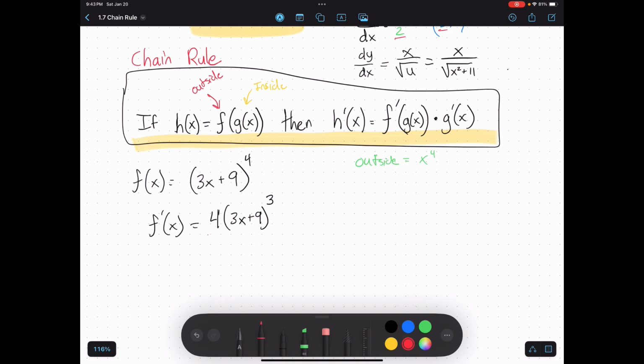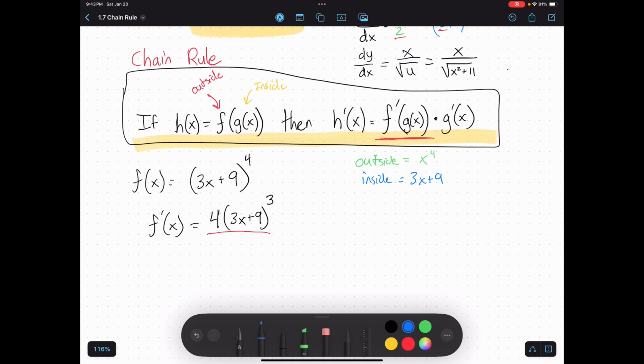So far, this piece represents this first section of the chain rule. I took the derivative of my outside function, which was x to the 4th, but I have my inside function plugged into that derivative, okay? Because my inside function is 3x plus 9, okay?